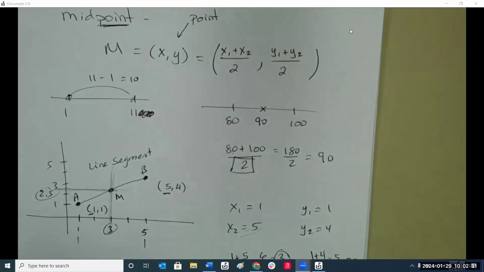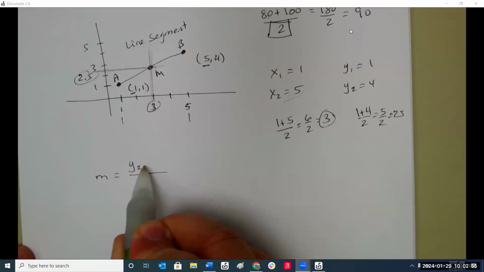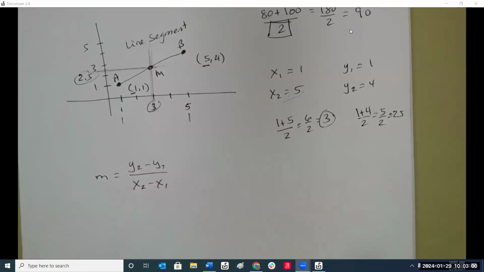Now, don't get this formula confused with the slope formula. What's the formula for the slope? Y2 minus Y1 over. Yes. Little m, y2 minus y1, x2 minus x1.